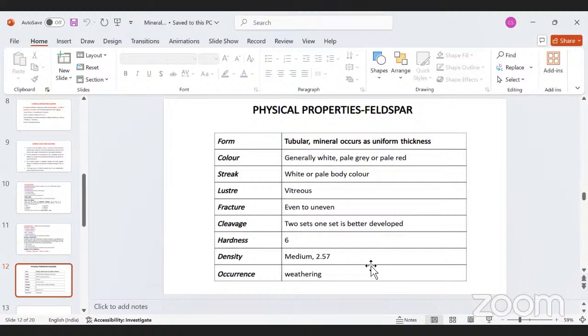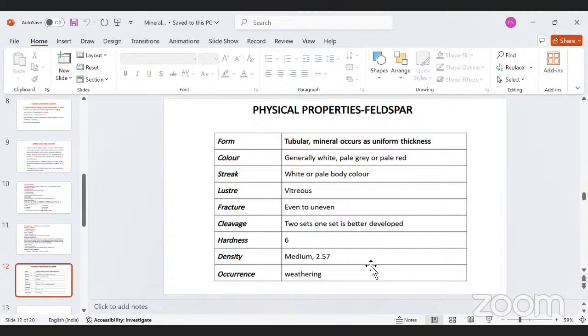Streak is white. Luster is vitreous. Fracture is even to uneven. The arrangement of atoms has a different structure, forming in the same cleavage. It has two sets of cleavage. Hardness 6, density 2.5.